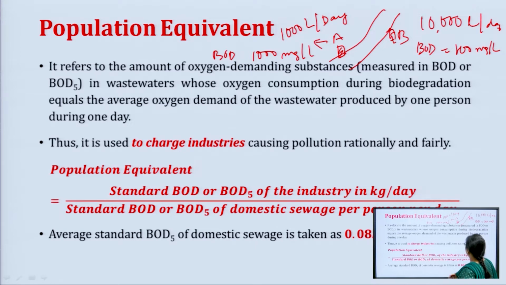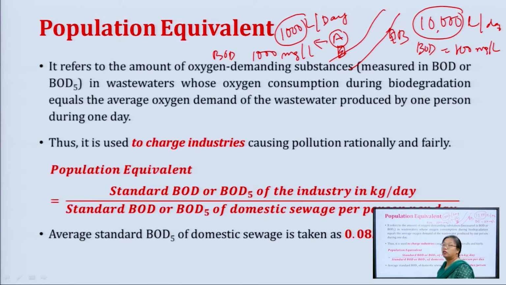Since A is discharging only 1000 liters, whereas B is discharging 10,000 liters, that is 10 times the amount of effluent, how will you charge both these industries? Say I am a resident of this town and I want to charge both A and B because they are polluting my city.